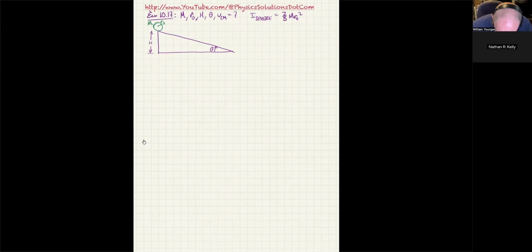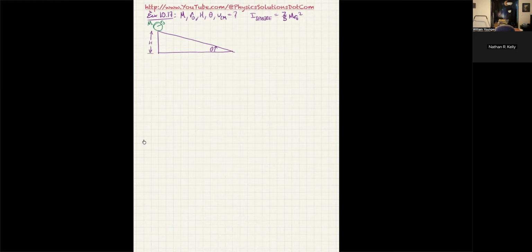I've drawn the diagram. I've gone ahead and written down the variables we know. We assume the mass, capital M, we know. We assume the radius, r0, we know. We assume the height of the incline, h, we know. We probably won't need it right now, but we also assume we know the angle of the incline is theta, and we're asked to find the velocity of the center of mass when it reaches the bottom.